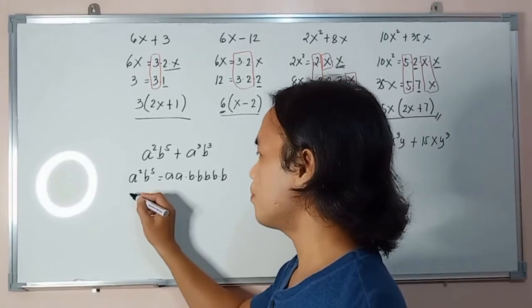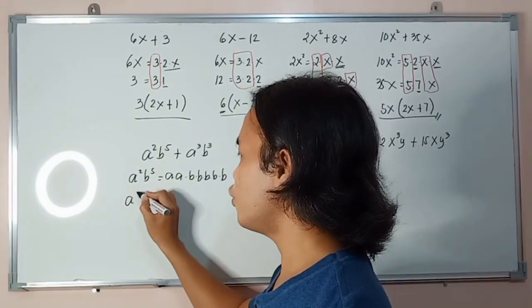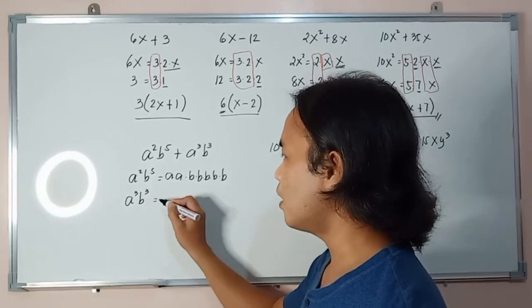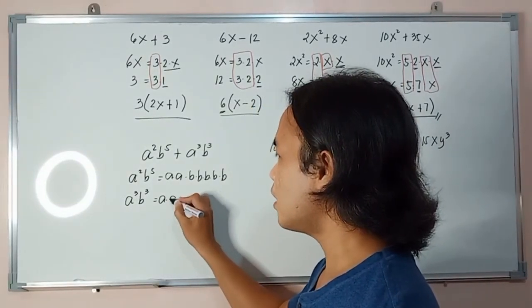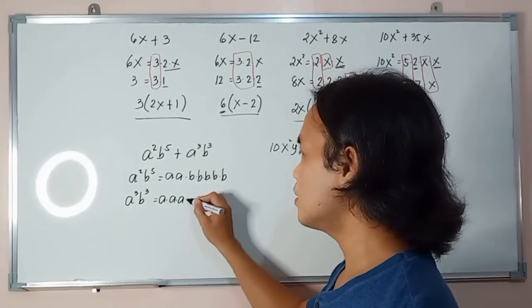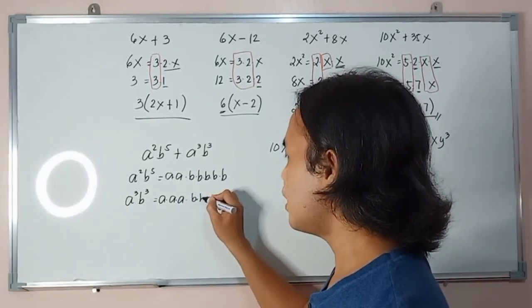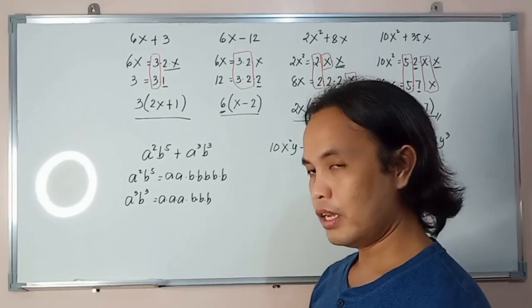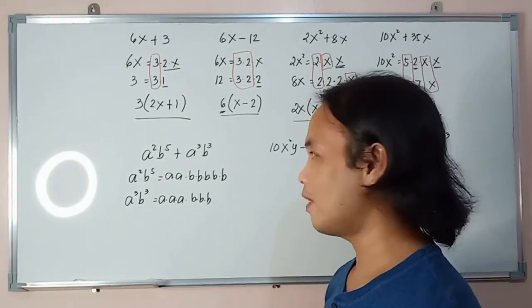For the second term, we have a cubed, b cubed. So the prime factors are a times a times a, that's for a cubed, times b times b times b, that's for b cubed. Now let's identify the greatest common factor.